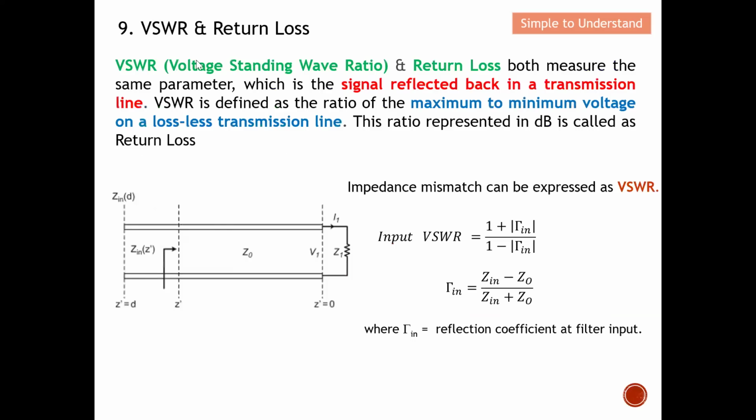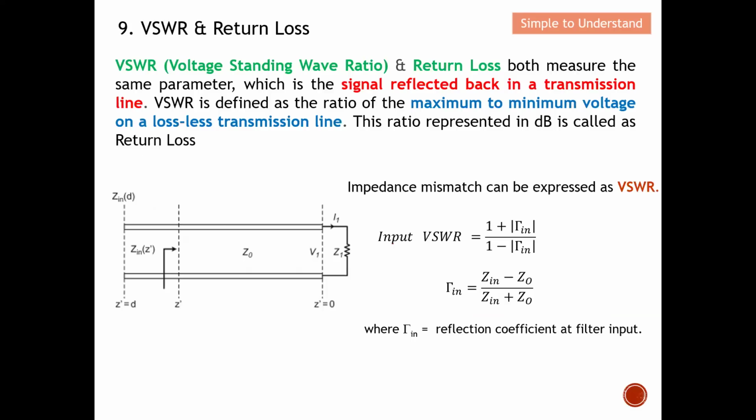Next will be VSWR and return loss. VSWR stands for voltage standing wave ratio, and return loss, they both measure the same parameter, which is the signal that is reflected back in a transmission line. These have been discussed in the part one series.